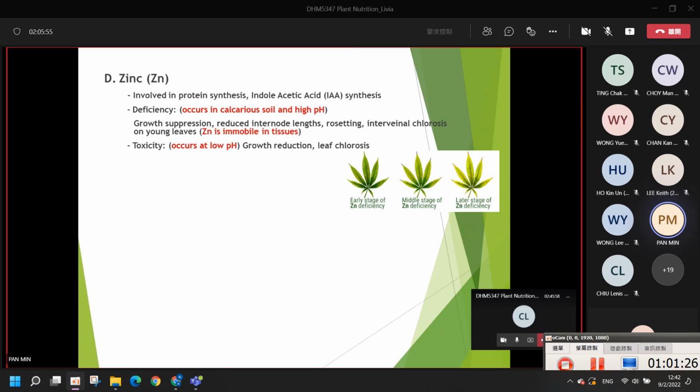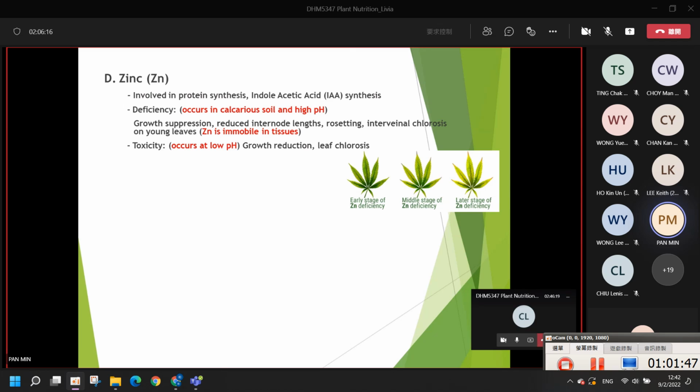And zinc is involved in protein synthesis and IAA synthesis. Deficiency is common and easily caused in calcium abundant soil with a high pH.